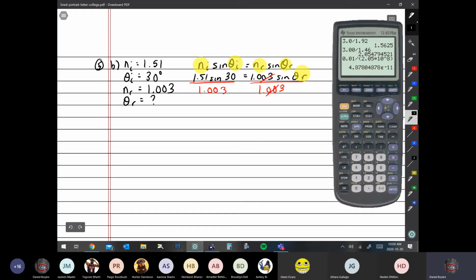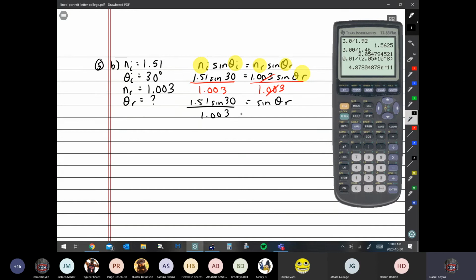So I get 1.51 sine 30 over 1.003 equals sine theta R. Remember, that sine's not gone yet. It sticks around until I physically get rid of that.